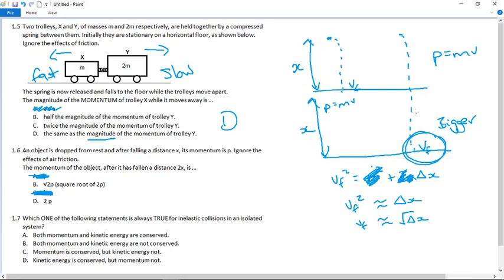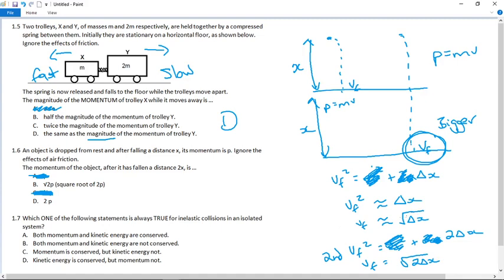So then, if this ball travels further, if this was the first one, for the second drop, Vf squared is going to be Vi squared plus 2a times 2 delta x. So the same thing happens. This is 0, we ignore it. The 2 and the a stay the same. The Vf is going to end up being the root of 2 delta x.